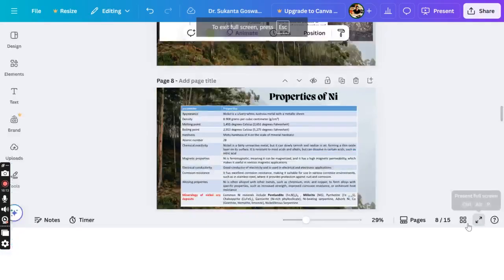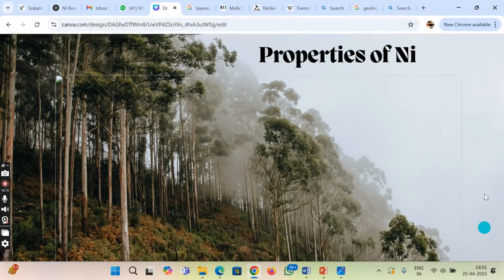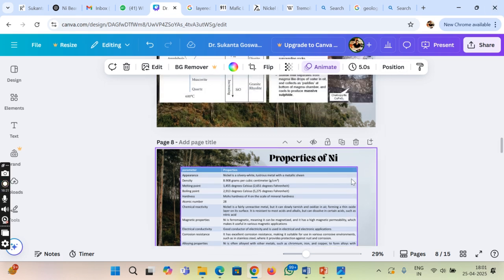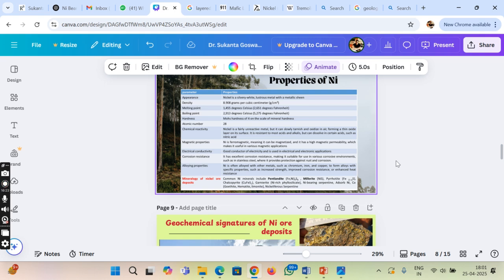So in general, if we see the nickel properties, it is silvery white. Its density is 8.9. Its melting point is around 1450 degrees Celsius. Boiling point is around 2900 degrees Celsius.